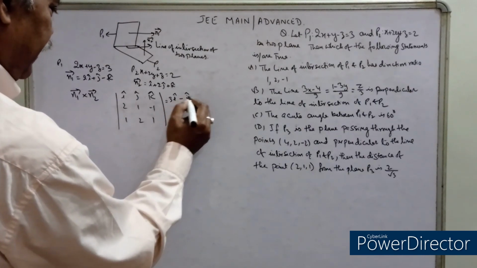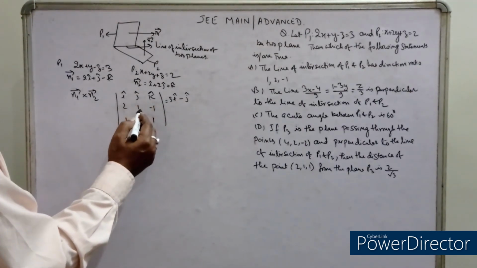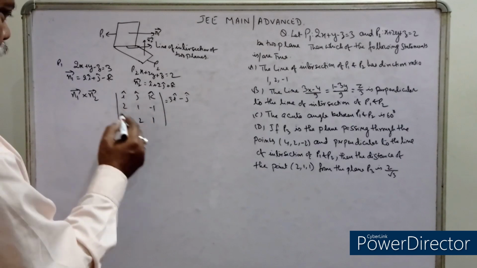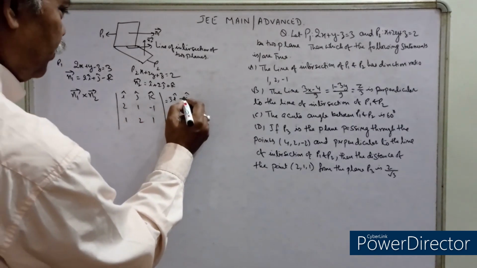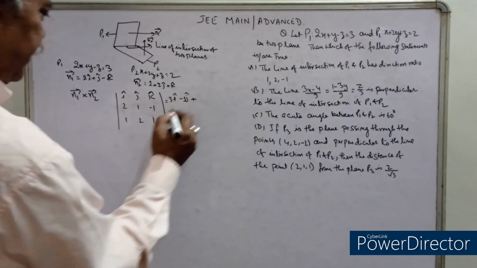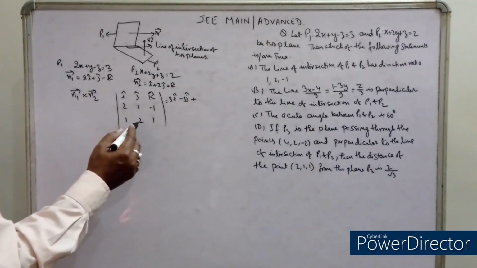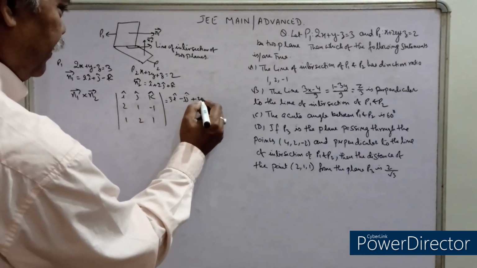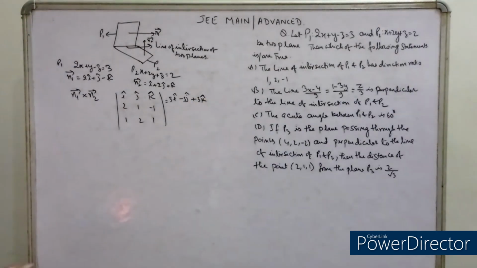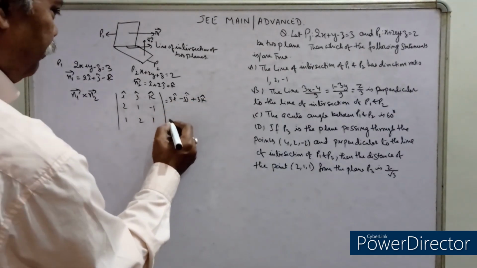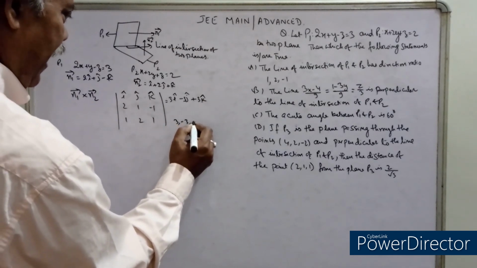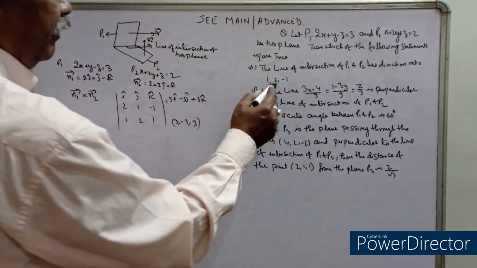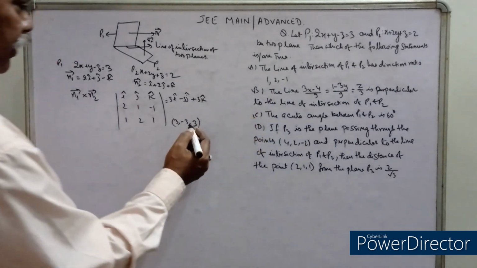Then minus j cap: 2 minus minus 1, so this is also 3. And for k cap, 4 minus 1, that means again 3, so I get 3 k cap. So the direction ratios are 3, minus 3 and 3, but the given is 1, 2 and minus 1, so this is false.